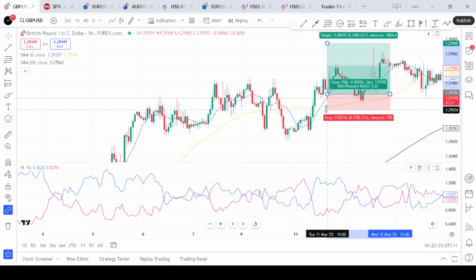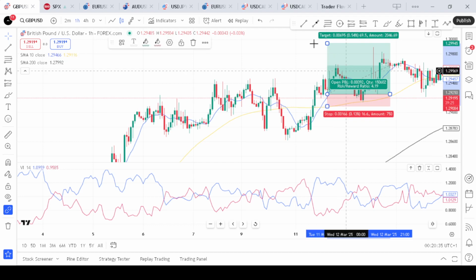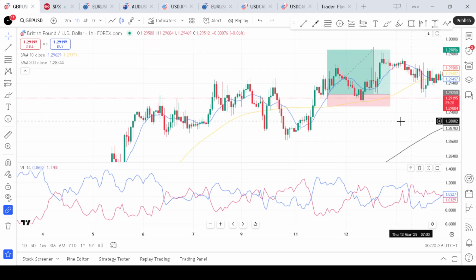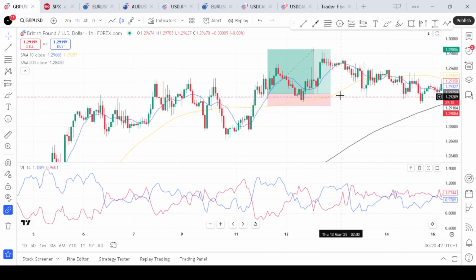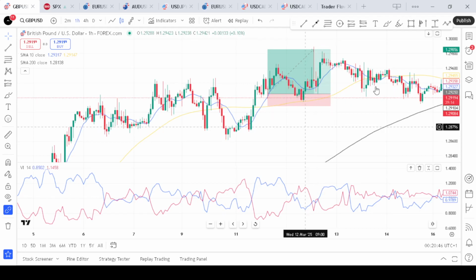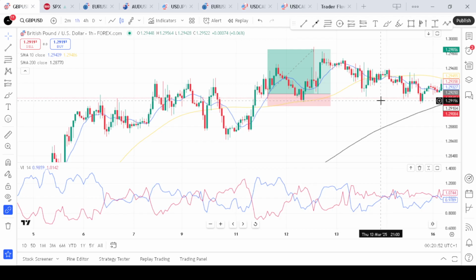Stop loss just below the previous swing low, and you aim for a 1:2, 1:3, or you can use a trailing stop. You would exit your trade the moment you see a bearish signal. You exit when you see the vortex lines crossing back in the opposite direction of your trade.